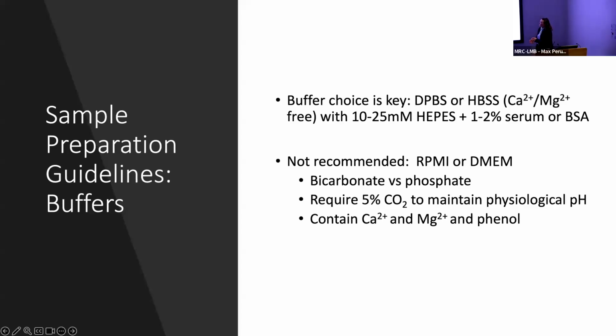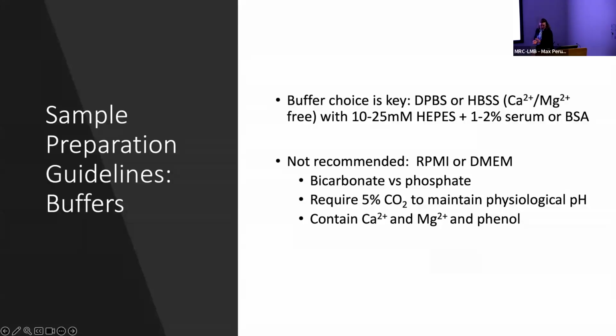So we typically recommend DPBS or HBSS, calcium magnesium free, for most preparations, potentially not for neurons, for example, with about 10 to 25 millimolar HEPES and 1 to 2% serum maximum. What we don't recommend are things like RPMI or DMEM.